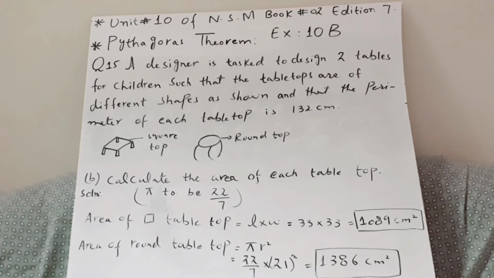After simplifying, it will be 1386 centimeter square. So we have found the area of both the square tabletop and the round tabletop.